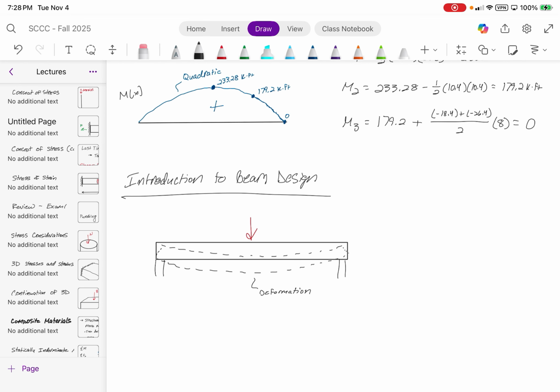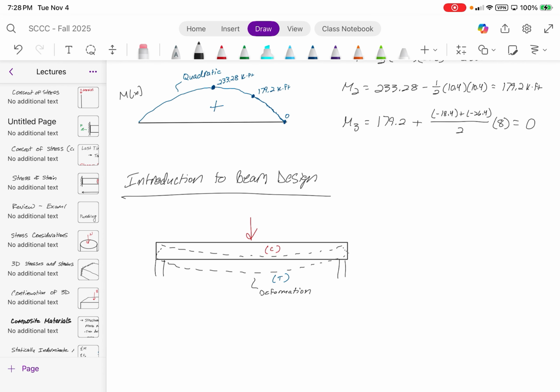Yeah. So the top of the beam is going to be undergoing compression, while the bottom of the beam is going to be undergoing tension. This is one of the reasons why in reinforced concrete beams we use reinforcing bars, because the concrete itself cannot handle any tension. So the tension needs to be carried by the steel.